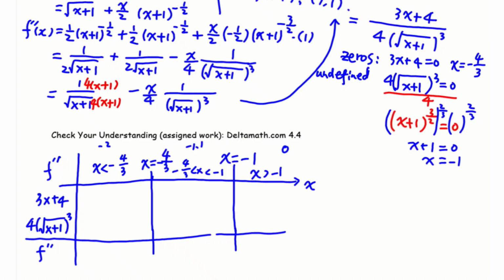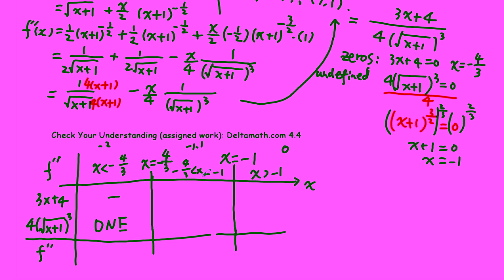Then we are going to determine whether these two factors are positive or negative, in order to determine whether f double prime is positive or negative. For x less than negative 4/3, we pick negative 2 here. So 3 times negative 2 plus 4 gives us negative 2, which is negative. And putting negative 2 in the denominator, negative 2 plus 1 is negative 1, and the square root doesn't exist.